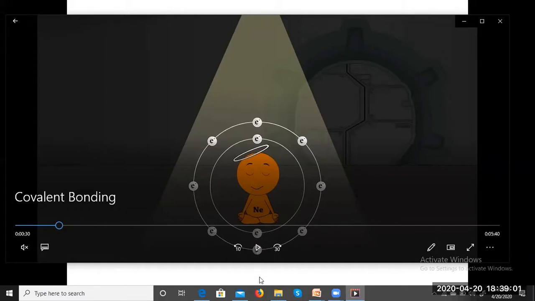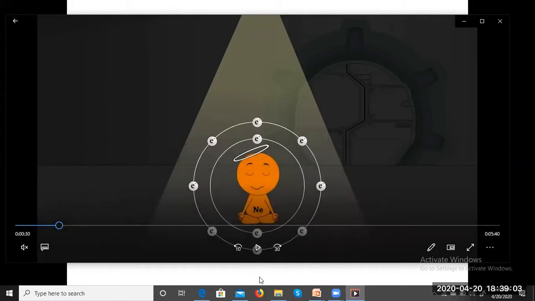8 electrons. Excellent. It means it has a complete valence shell. It is a noble gas that belongs to group 8. All noble gases have a complete valence shell. And the rest of the elements want to be like noble gases by completing their valence shell, by having 8 electrons in their outermost shell.